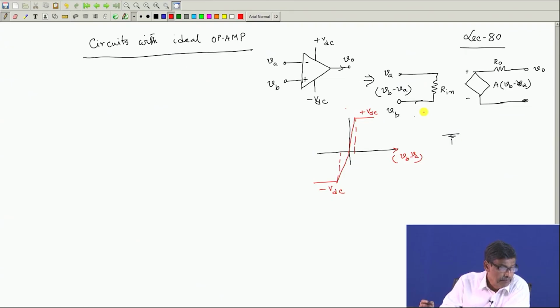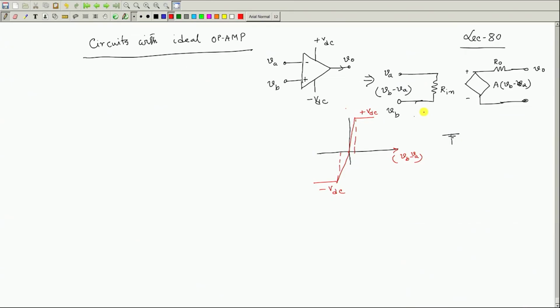The gain A may be very large: for a good, ideal sort of op-amp, the gain may be hundreds of thousands to hundreds times 10 to the power 6.